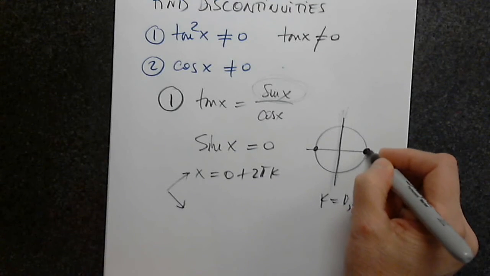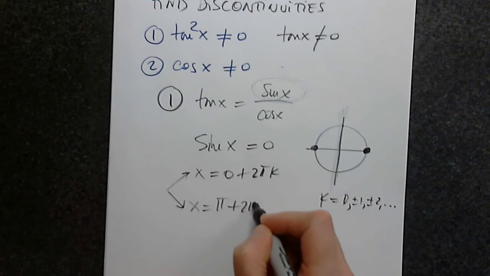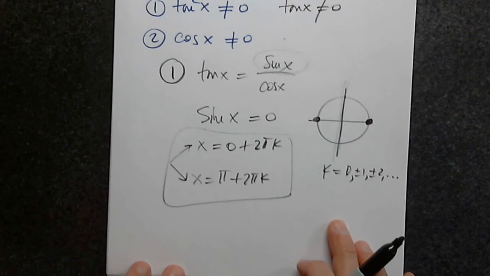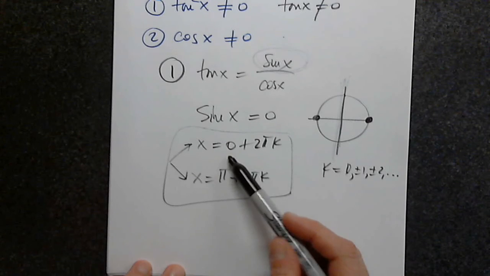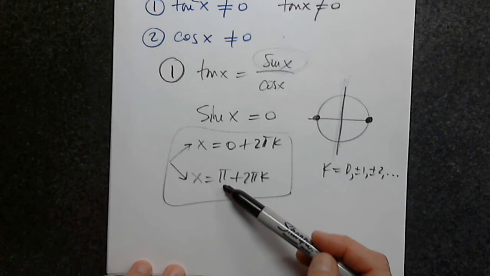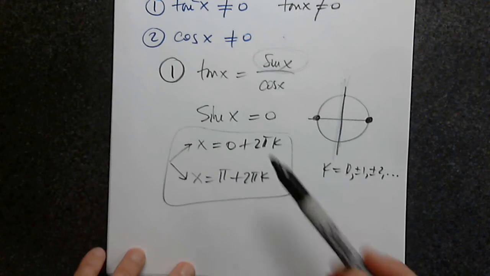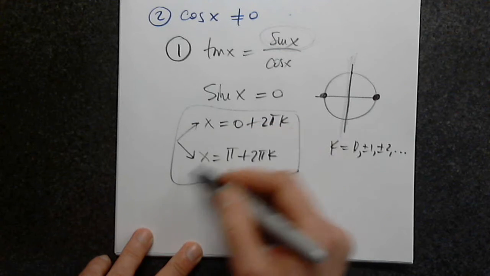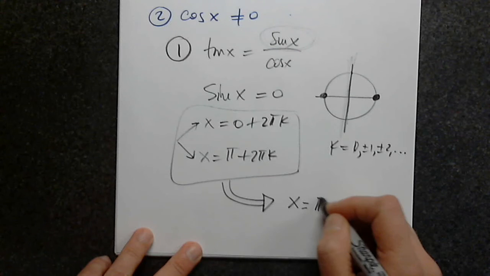So it can be this point, and the other point is pi plus 2 pi k. We can condense them. In order to have both of them in one line, I would write pi k.